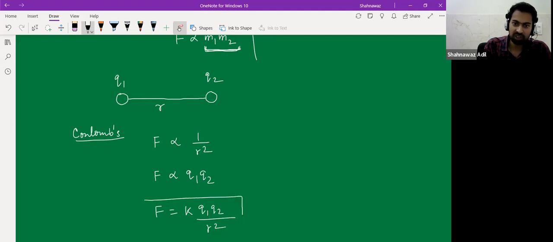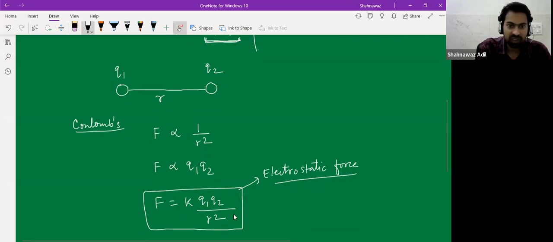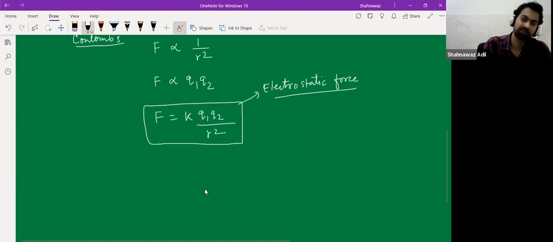So this is the electrostatic force, right? Whenever you have charges and the separation between them is r, they will experience this kind of force. Okay, so this was given by Coulomb. And one more thing: what is this value of k?